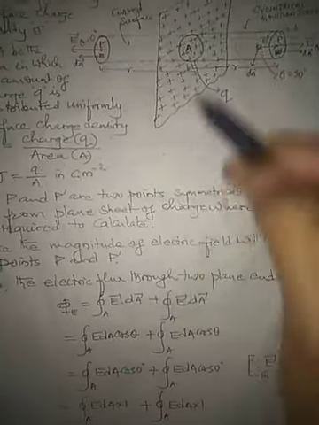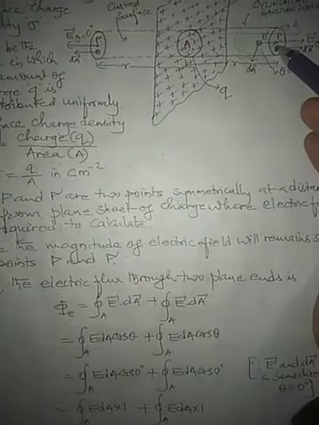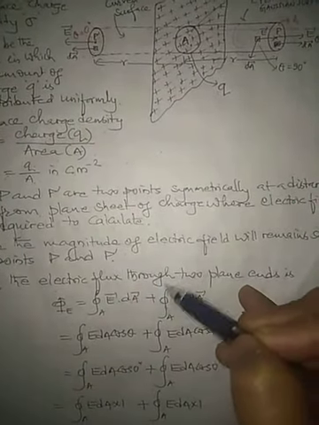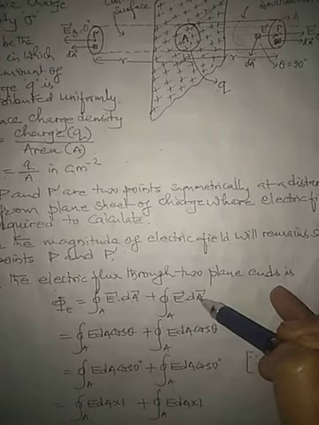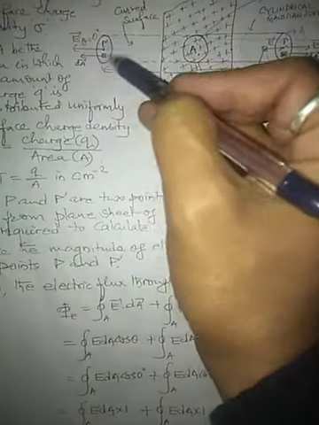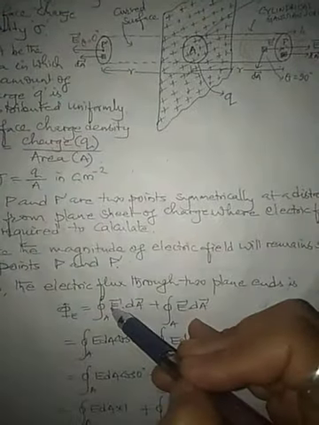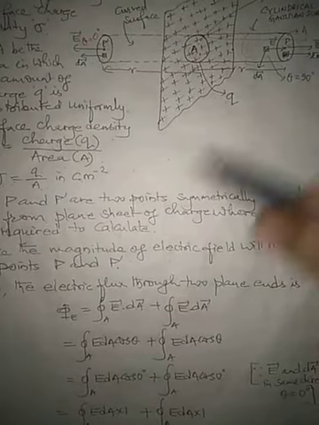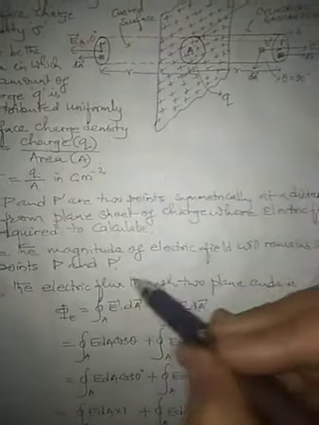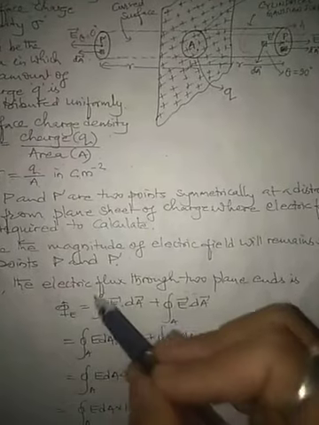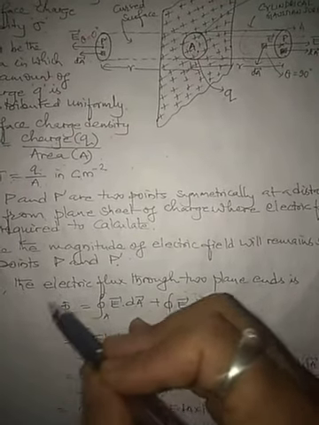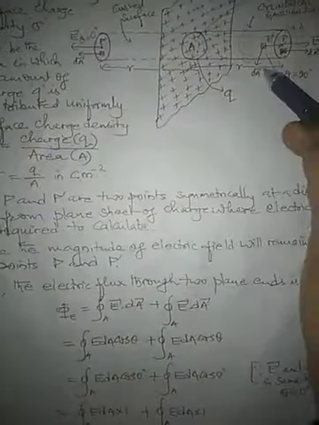This is for one surface, say this P dash P, plus the integration over the area, E dot dA, for another plane surface. That means this flux is for this surface, and this flux is for this surface. So if I add the two fluxes, that gives the total electric flux for both the surfaces.